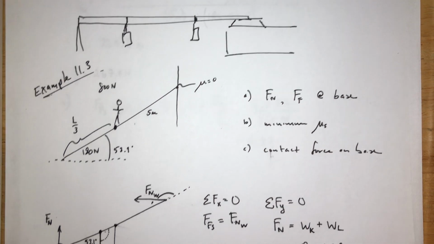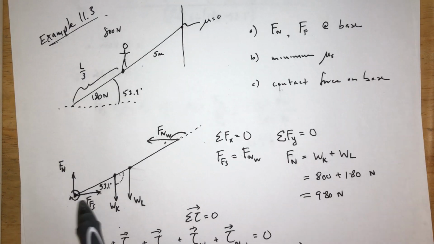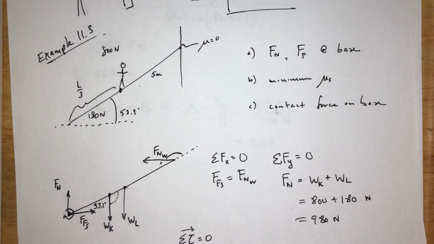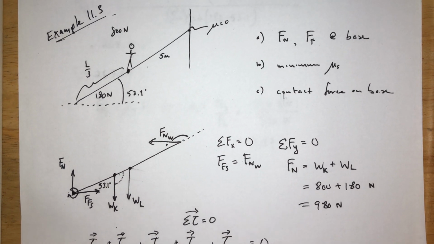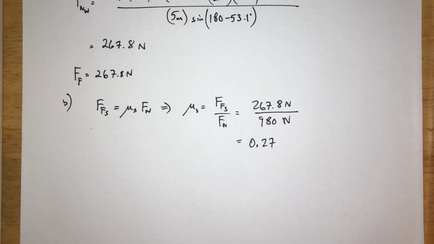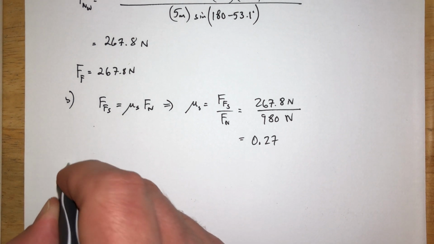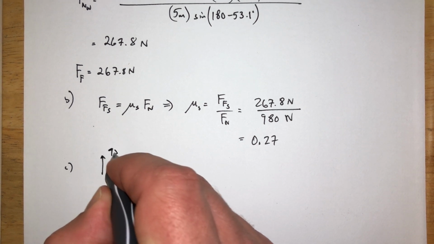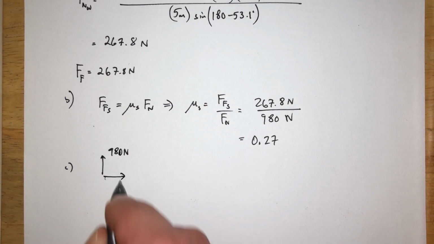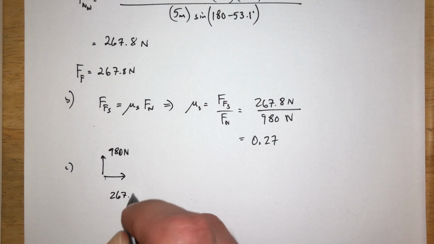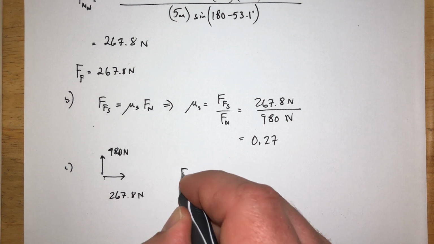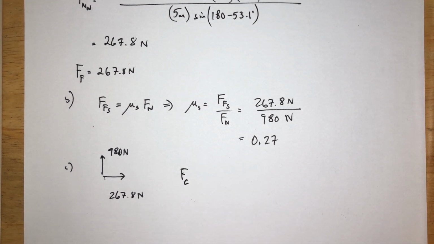Okay, well, we know what the forces are on the base of the ladder. It's the normal force and the friction force, and we know what both of those things are. So we just need to find the magnitude and direction. Okay, fine. The normal force is 980 newtons. The friction force is 267.8 newtons. And if we want the overall magnitude, F contact, it's just the Pythagorean theorem.